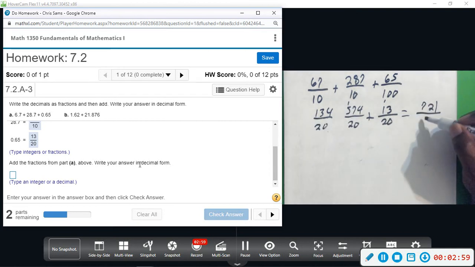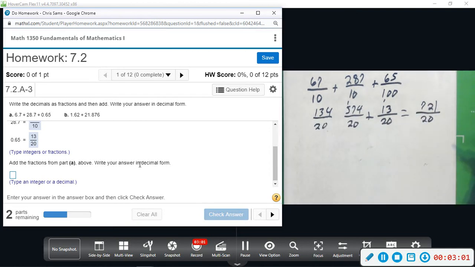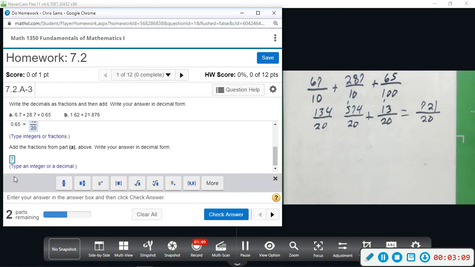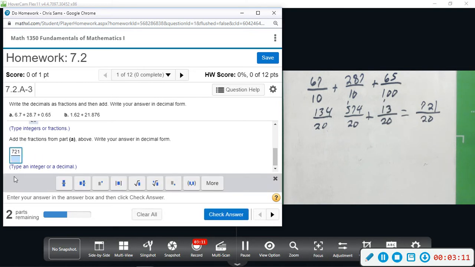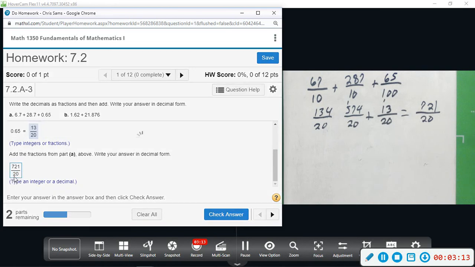So we have 721 over 20, and I don't believe this will reduce. So we'll try 721 over 20. Okay, maybe it will.